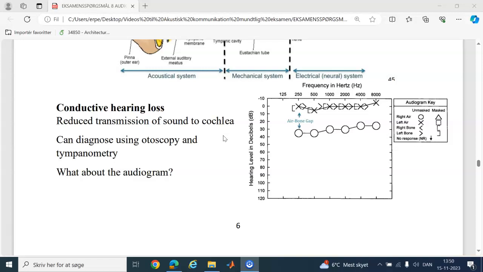So we have some masked left bone and right bone. Now I understand. The left bone level and the left ear level are the same, and higher than the right ear. So there is an air-bone gap.